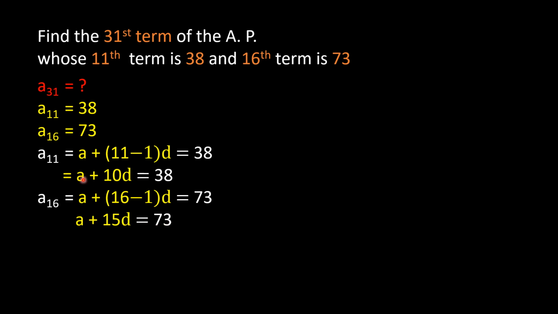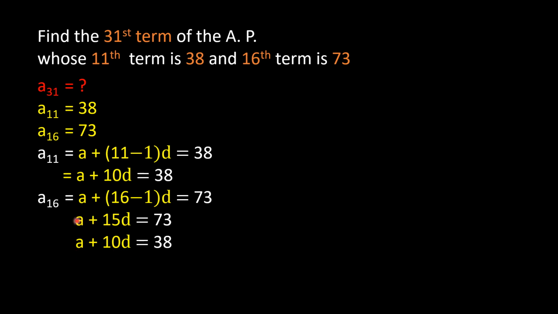Now this equation and this equation, they are linear equations in two variables a and d. So we have to solve them. We will bring a + 10d = 38 and write it here.